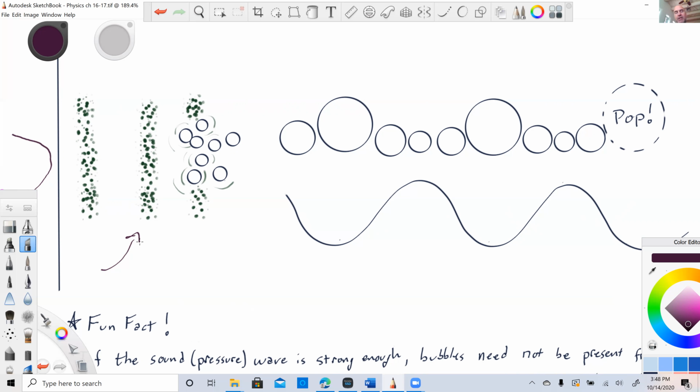You're bouncing them with pressure, but it's not simply a matter of vibration like a bobber on the water getting moved around by a little wave. That's not what I'm talking about. What I'm actually talking about is this would be an image of one bubble over time.